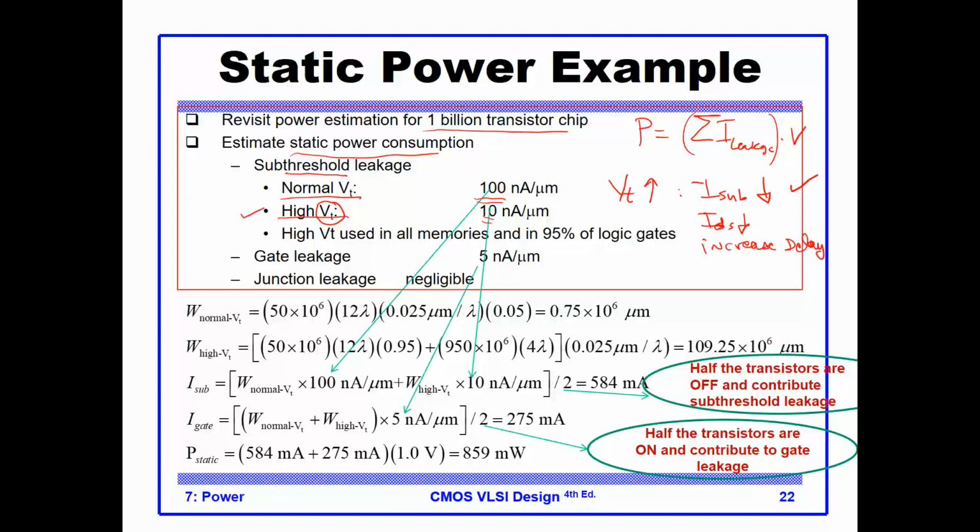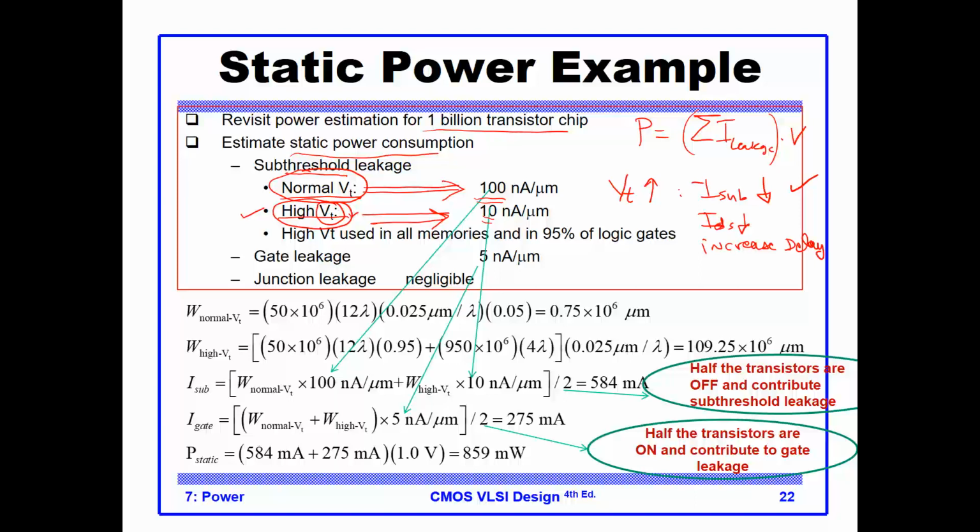So we have to be very careful using high VT because it slows the circuit. For fast circuits, we use normal VT or low VT. For slow circuits, we use high VT because it reduces the subthreshold current, and normal or low VT will be fast, but unfortunately will have higher subthreshold current.